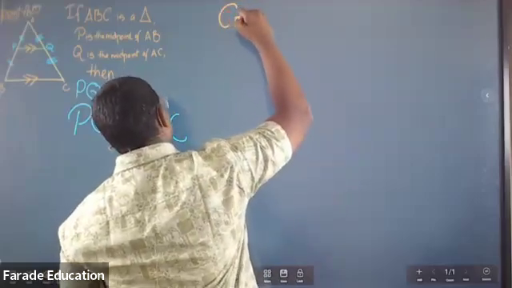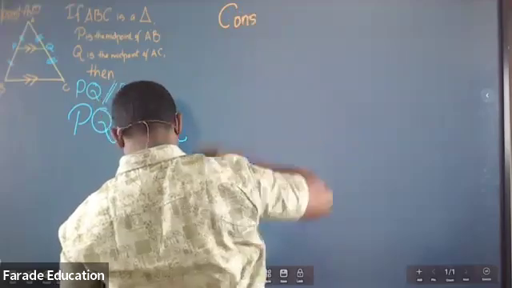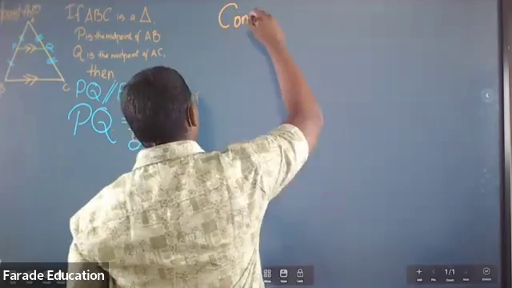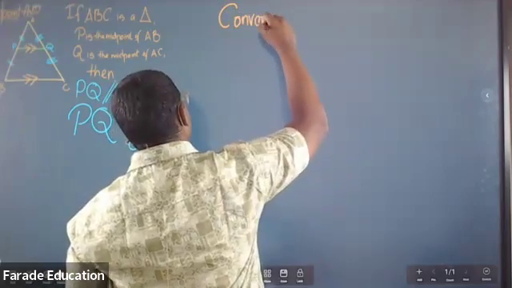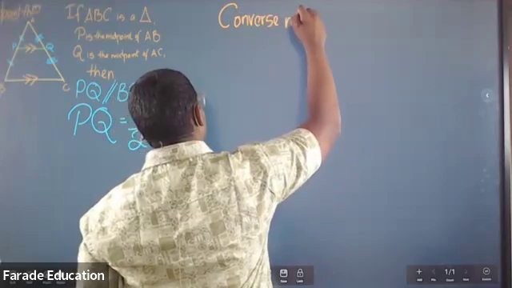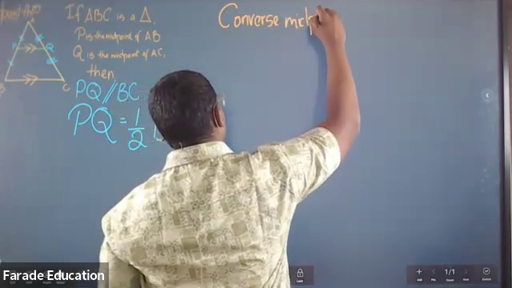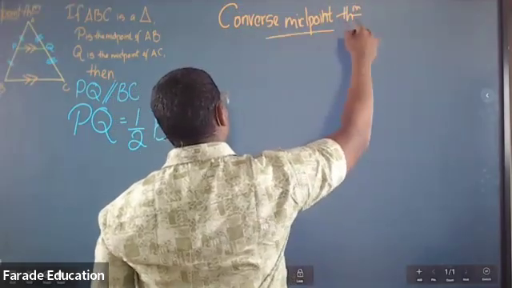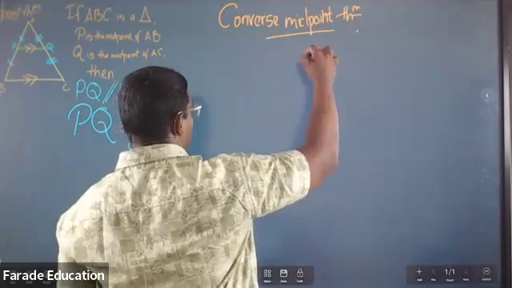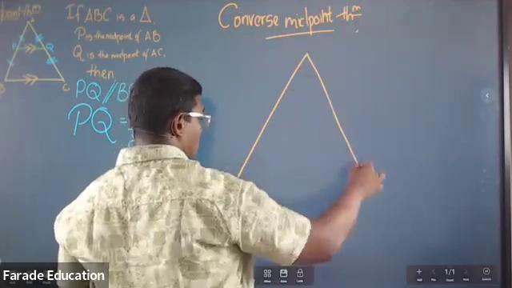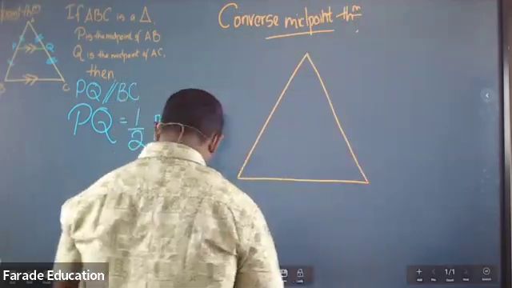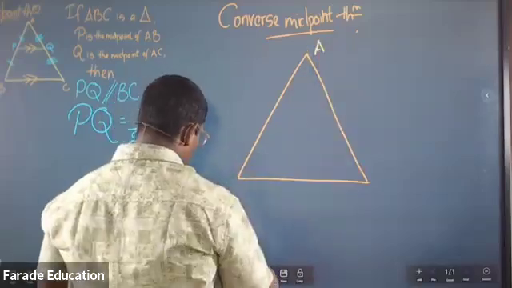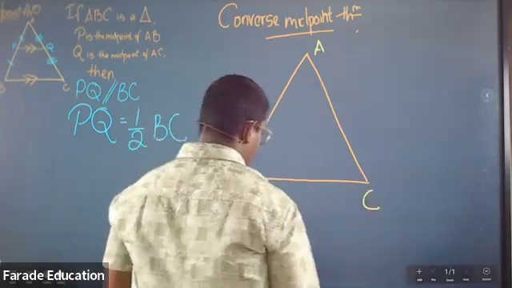That means the opposite. So we have a triangle ABC.